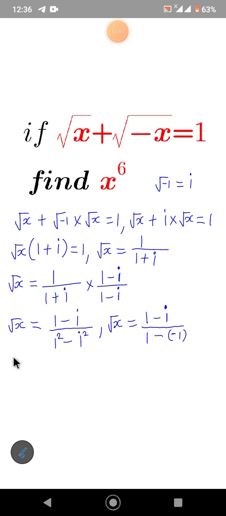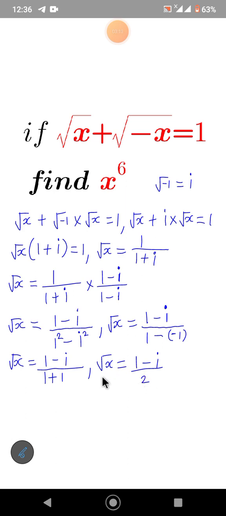Then we say square root of x equals 1 minus i, this 1 minus i, all over minus times minus, so here will become what? Plus. So we say 1 plus 1. Then the next thing again, we say square root of x equals 1 minus i all over 1 plus 1, that's what? 2.